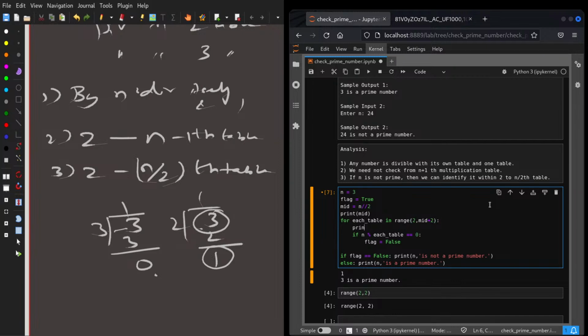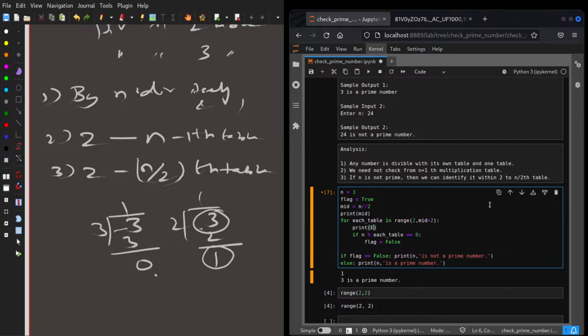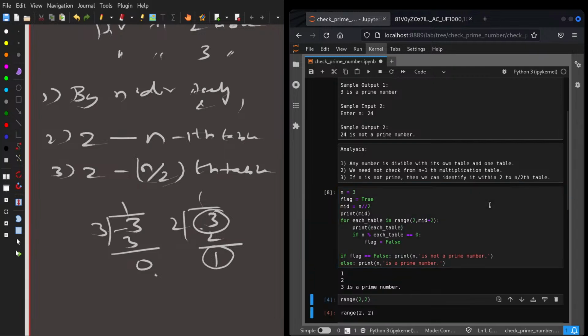We will optimize the code by running this one by one each time, each table. We can use print to understand how this code is running.